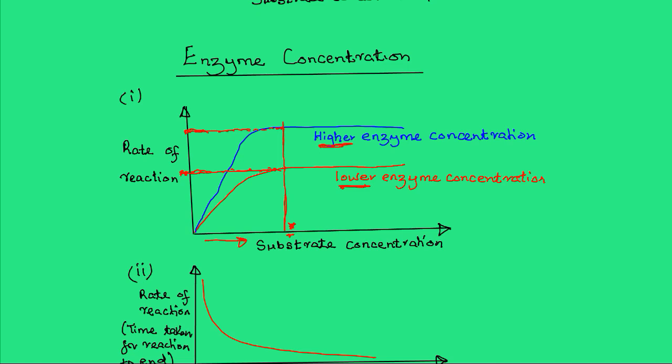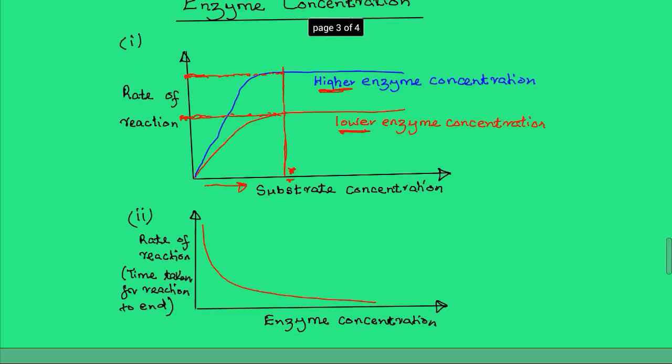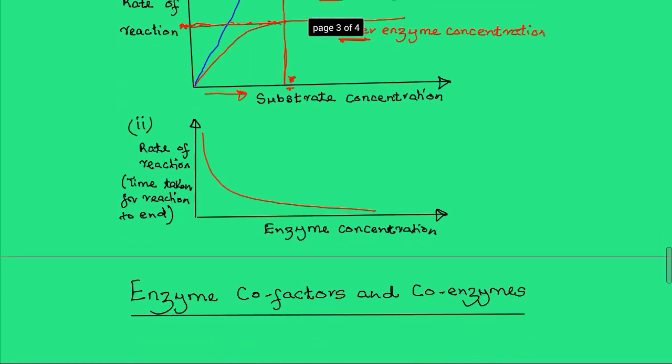Now, another way of looking at the effect of enzyme concentration on the rate of reaction is by comparing the rate of reaction, for example, time taken for the reaction to come into completion or to end, when you plot that against the enzyme concentration.